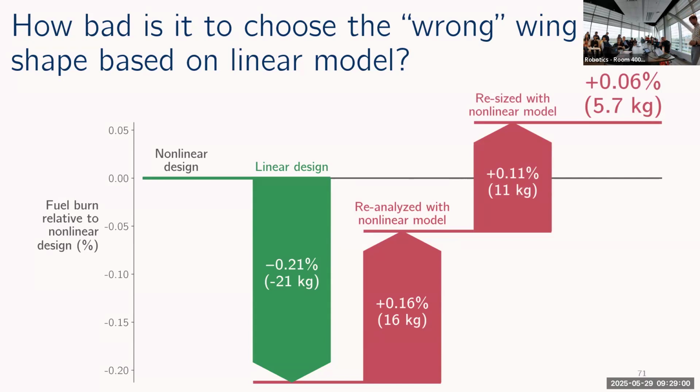But the difference in fuel burn here is, to be frank, pretty insignificant. It's 6 kilos out of 10 tons. So I think we can conclude that for this wing, for this optimization problem, geometric nonlinearity really does not have a significant effect on the design.